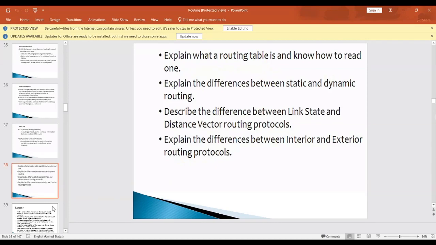Most of the terminologies, such as autonomous system, static routing, dynamic routing, distance vector and link state, we have discussed.